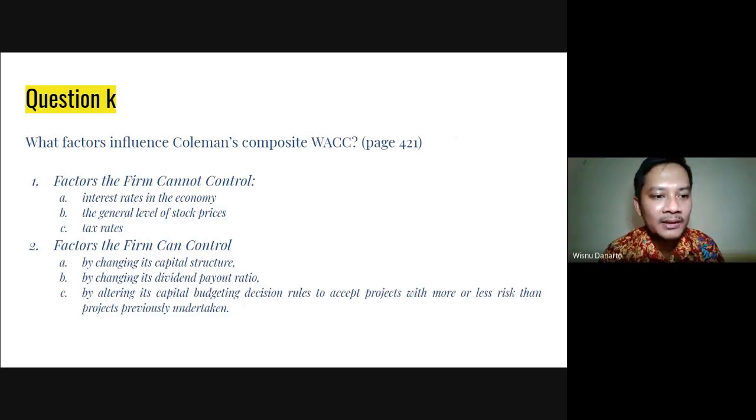And then the second one, factors that the firm can control: A, by changing its capital structure; B, by changing its dividend payout ratio; and C, by altering its capital budgeting decision rules to accept projects with more or less risk than projects previously undertaken.